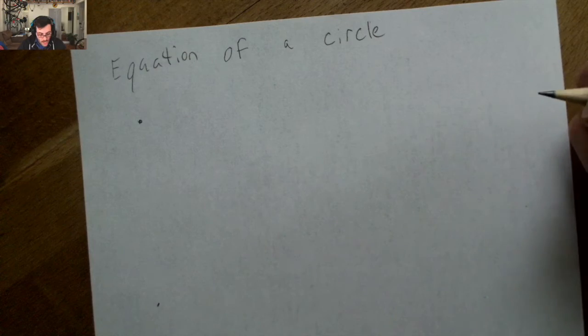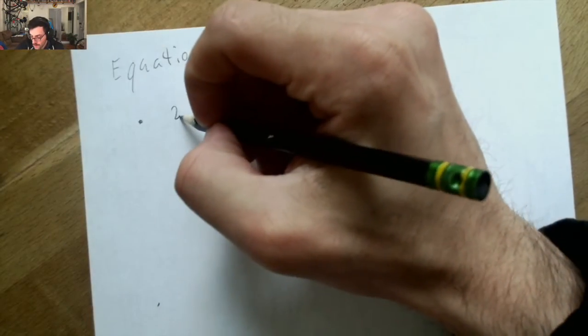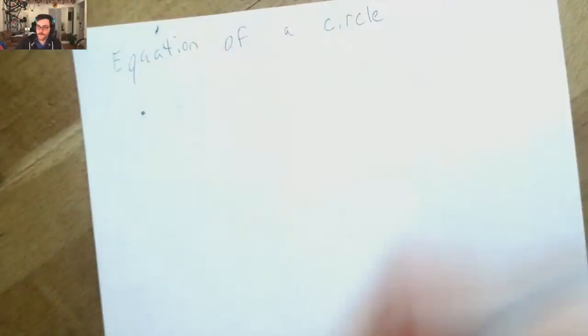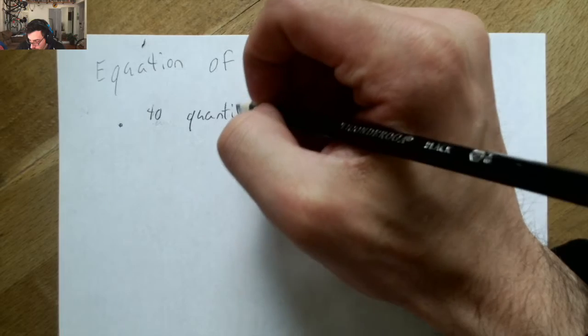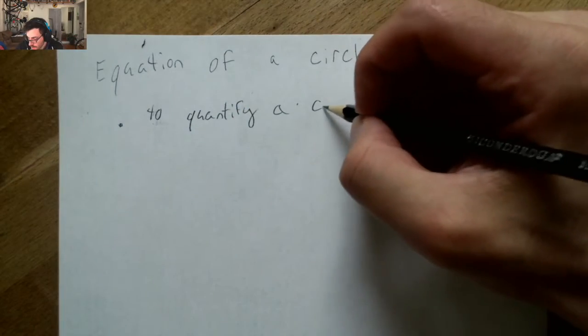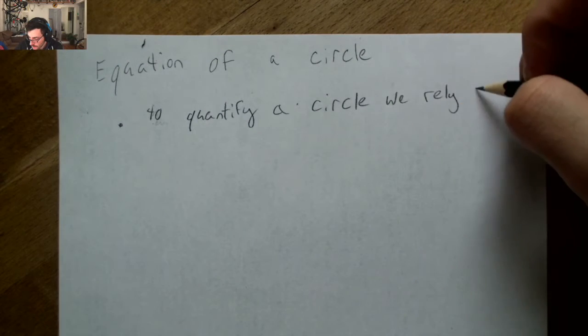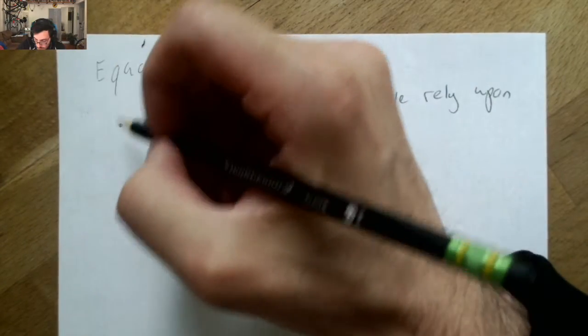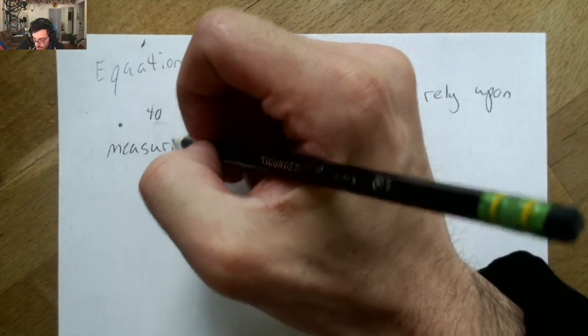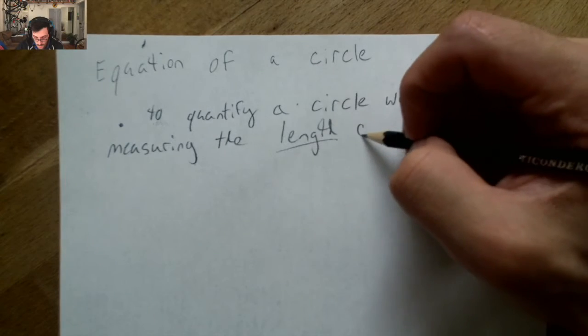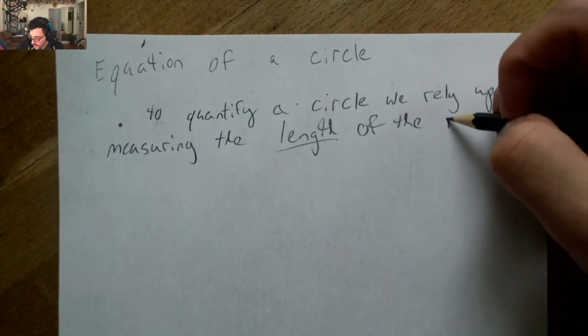So what we're just going to jot down in our notes here is, to quantify a circle, we rely upon measuring the length of the radius.